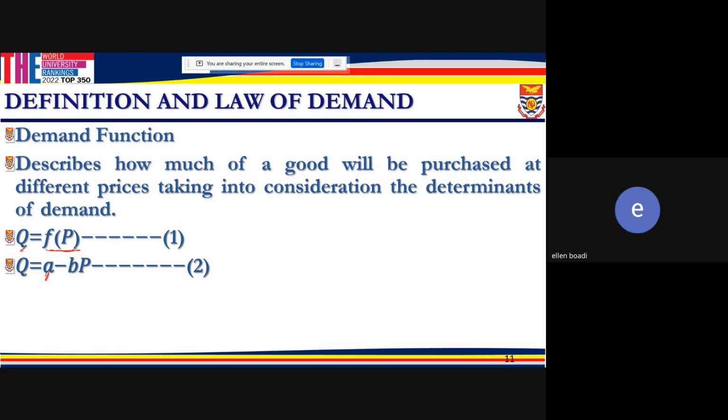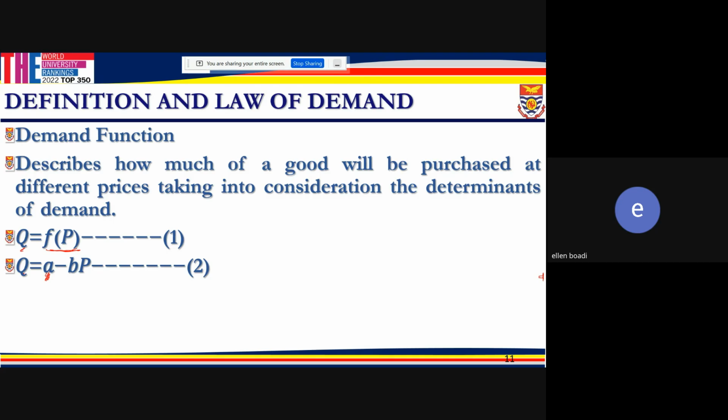P stands for price, and price is our independent variable. It means that how much quantity you get depends on price. A is constant. B is also constant, building on our discussion last week.